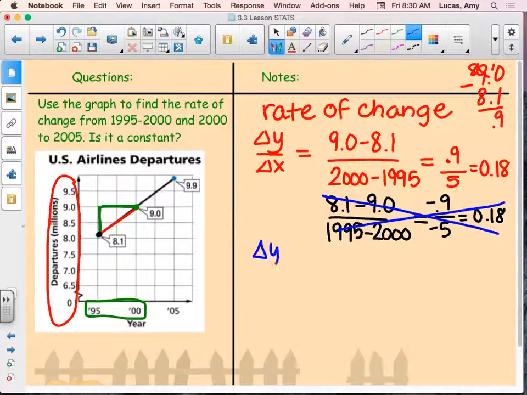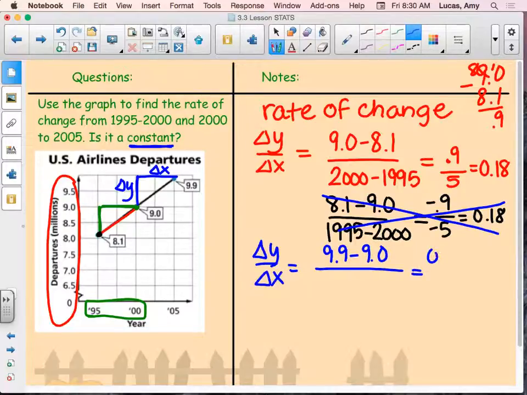And now I'm going to work on the second interval to see if it's a constant, because our questions were to find each rate of change, and then they're asking if it was a constant. So now I'm looking at this change in y, and then this change in x. Okay, so y went from 9.0 to 9.9.